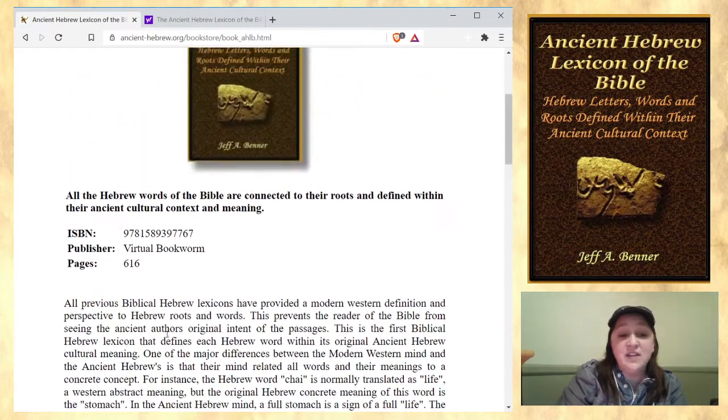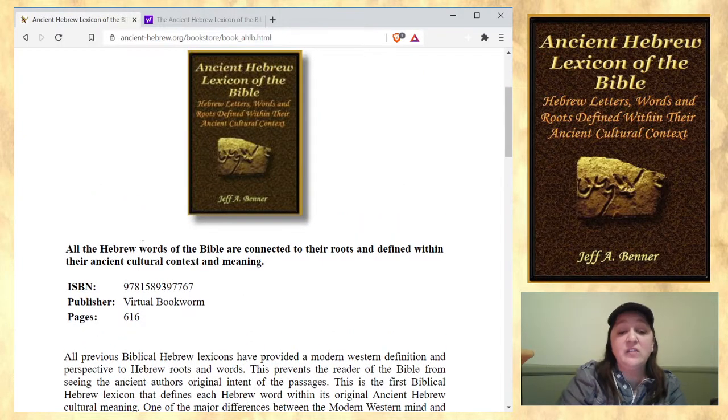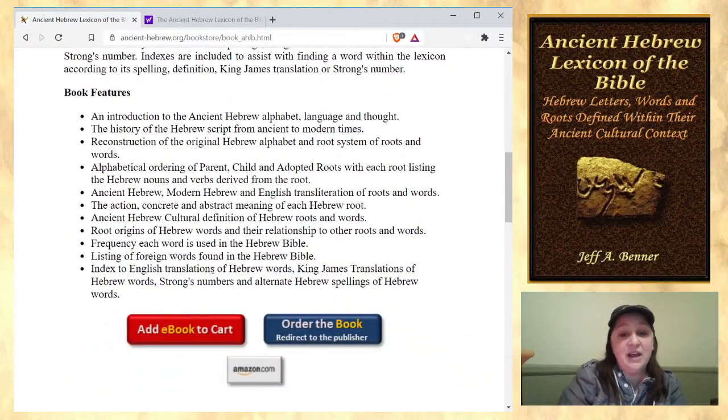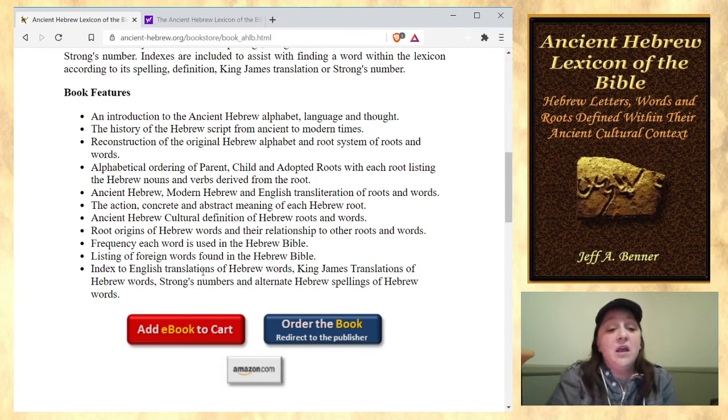And it says that in this book, all the Hebrew words of the Bible are connected to their roots and defined within their ancient cultural context and meaning. This book has a lot of interesting features that they list right here. They say, an introduction to the ancient Hebrew alphabet, language, and thought.